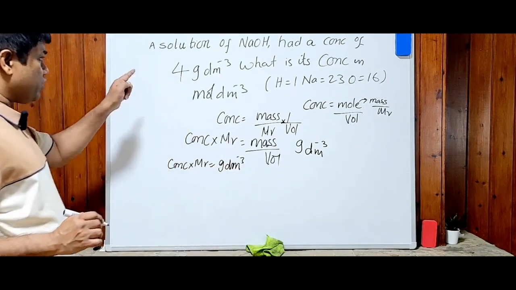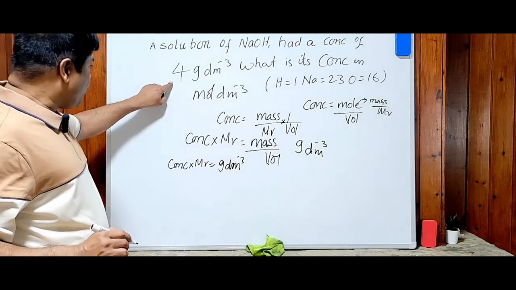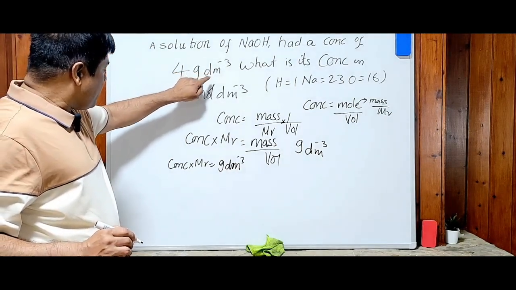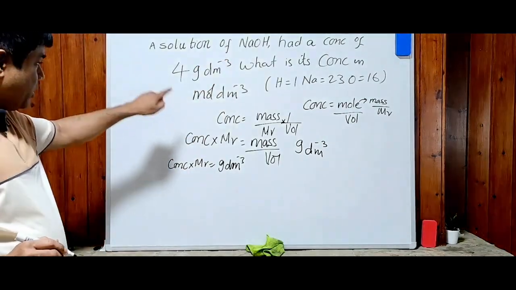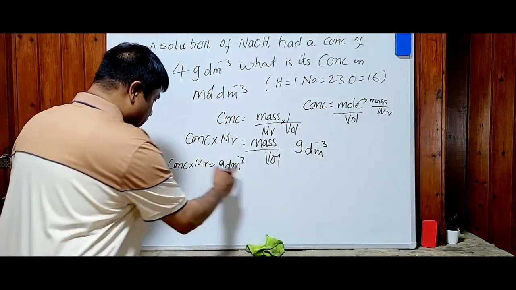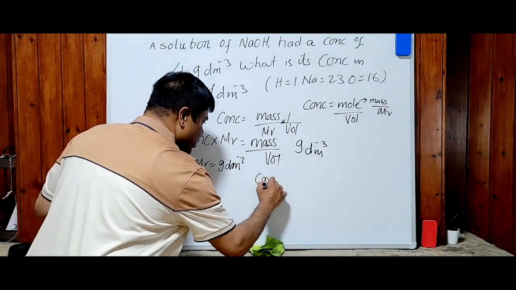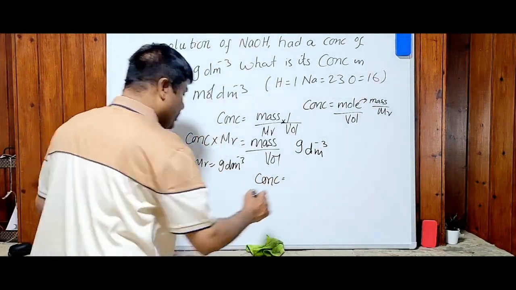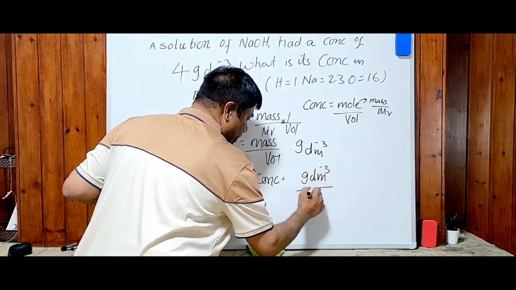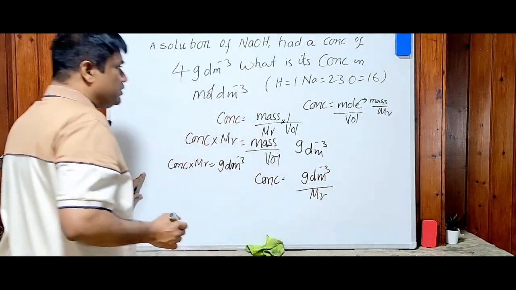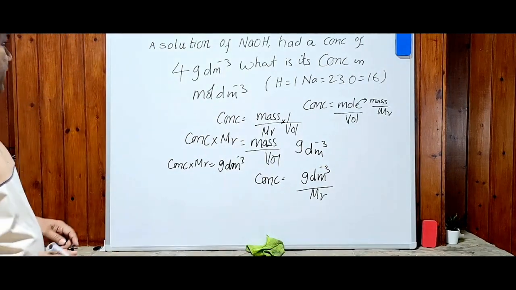Look at the question one more time. So 4 gram per dm cube is given, and you have to change into mole per dm cube. So rearrange this formula. So conc equals to gram dm minus 3 divided by Mr. So simple, guys. You don't need to calculate anything.